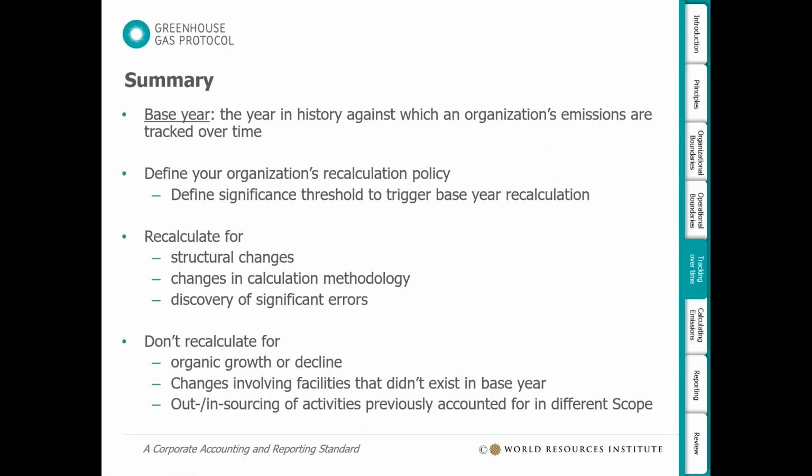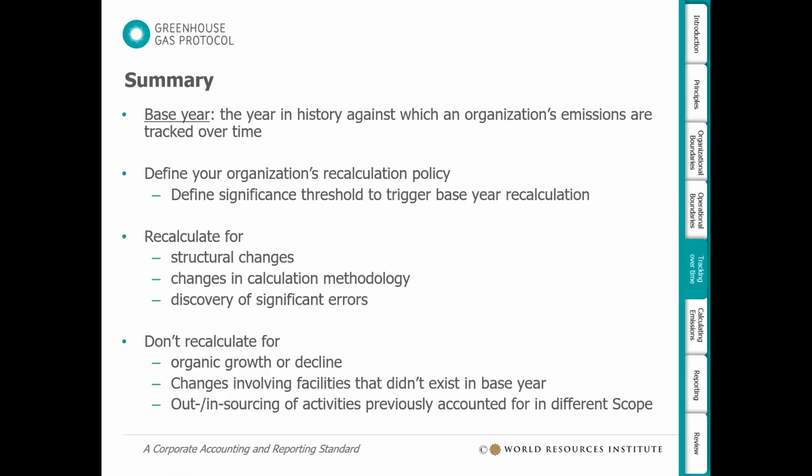The corporate standard doesn't specify a threshold, although 5% or even 2% is a typical benchmark. Recalculations are needed for structural changes, changes in organizational structure, changes in calculation methodology, and the discovery of significant errors.